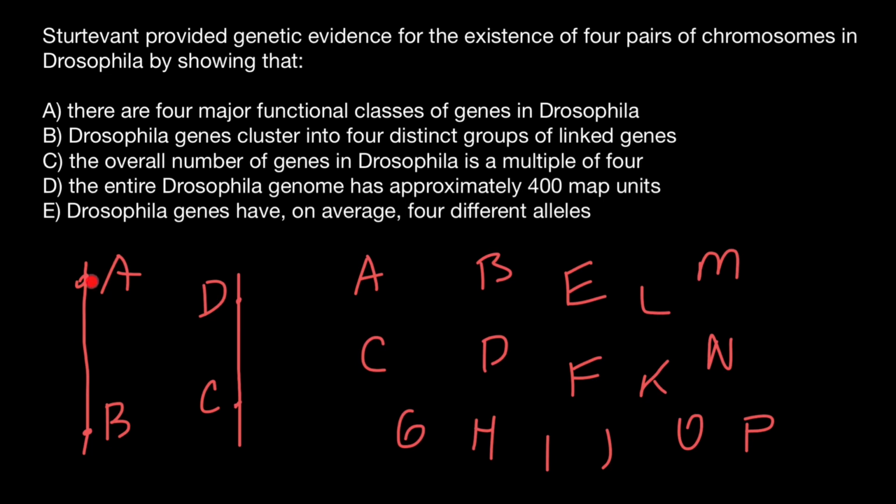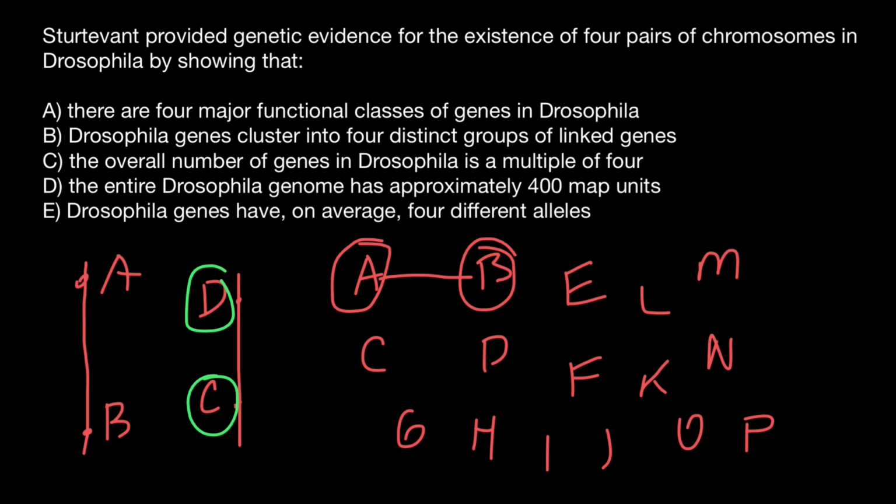When we see a tendency that two genes, or at that time they didn't know about genes yet, so they could only compare traits, if we see that two traits have a tendency to segregate together, we can say that genes A and B have to be on the same chromosome. And if genes D and C also have a tendency of being inherited together, then we can say that genes D and C are on the same chromosome.